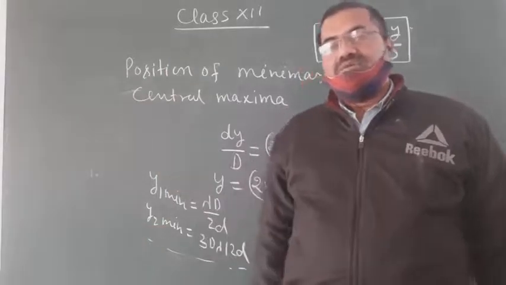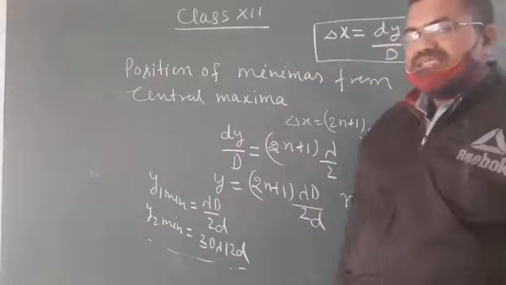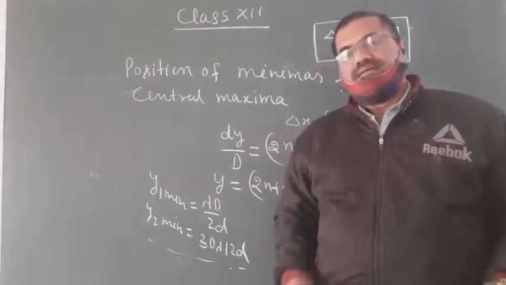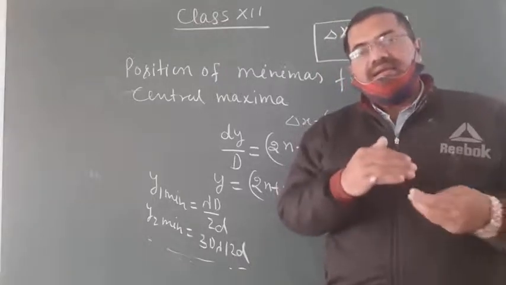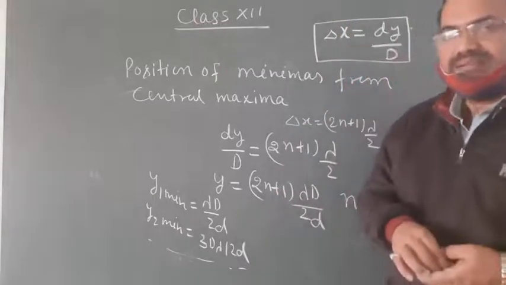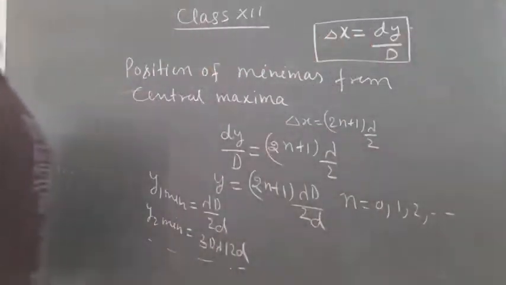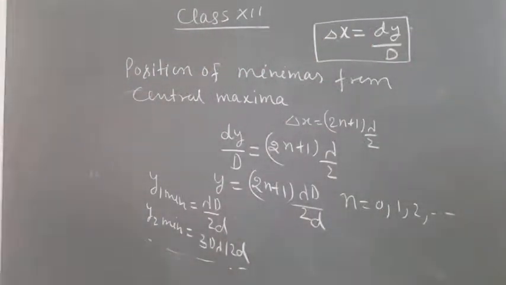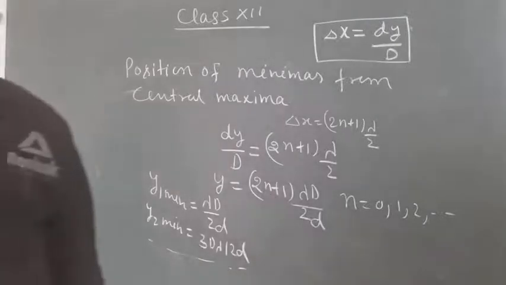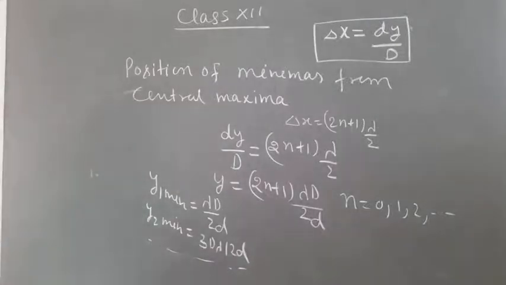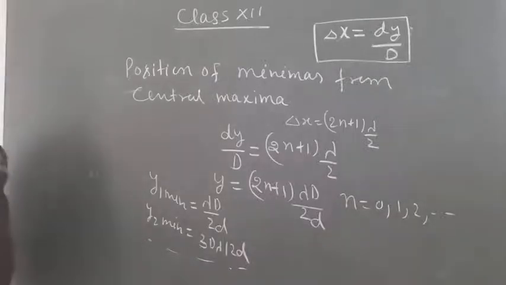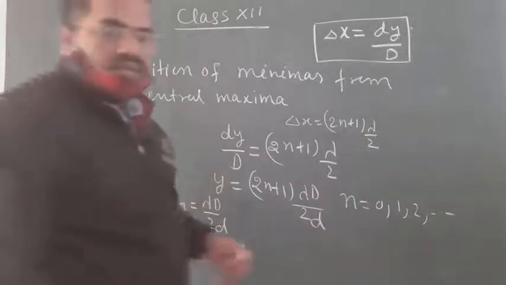So you can see here, maximas and minimas are obtained in alternate manner from central maxima. So you can write here. So write it down.